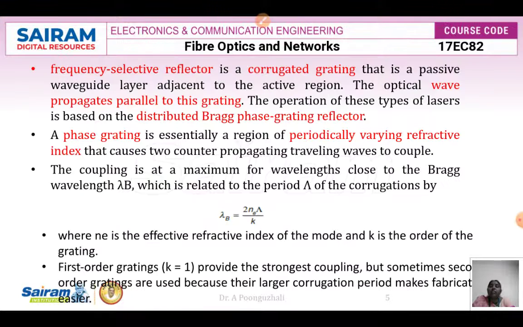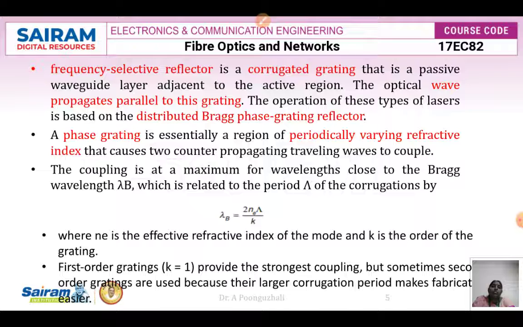Here we have a frequency selective reflector which has a corrugated grating. When I have a corrugated grating, it forms a passive waveguide layer adjacent to the active region. In that case, the light propagates parallel to the grating.